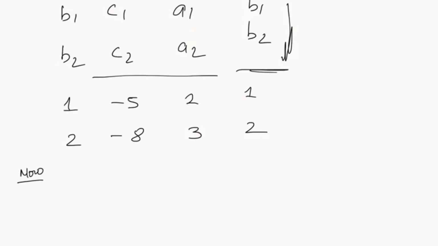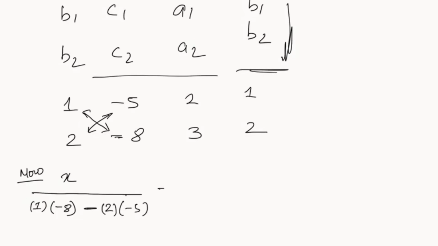Now, x equals to, we simply cross multiply them, right? Like we have done in the previous video, in the introduction of the cross multiplication method, we start with this 1, multiply it with the number that is here, that is minus 8, minus this 2 minus 5, equals y.